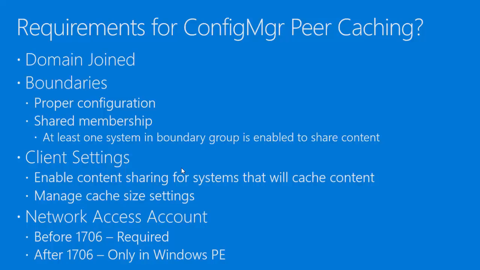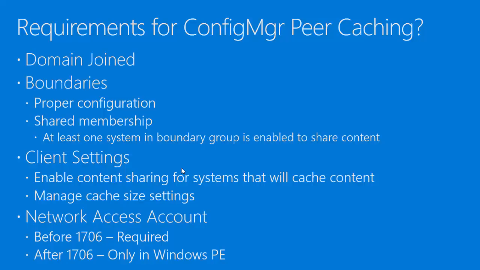So factor that in when you are picking which one should actually be serving content. Another thing to consider, managing your cache size settings. So if you're going to be using a system to cache and then serve content, you'll definitely want to make sure that those systems have plenty of space to host that content.